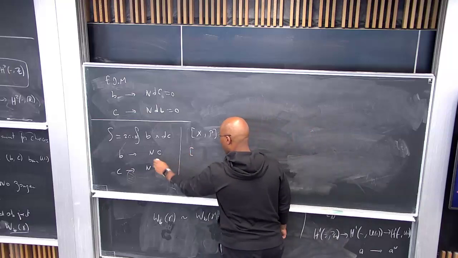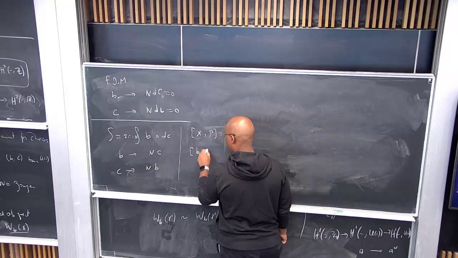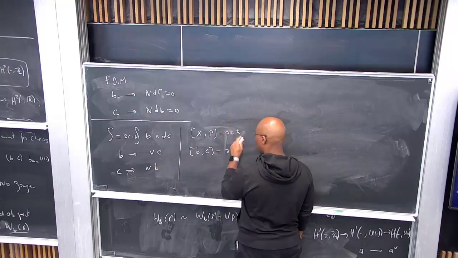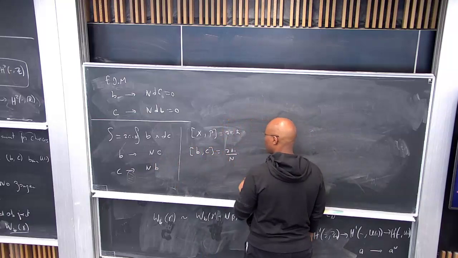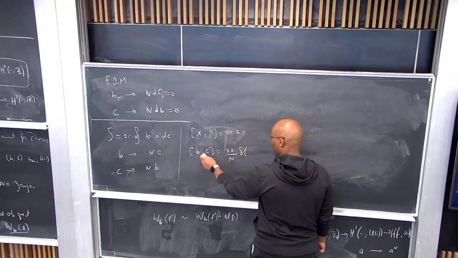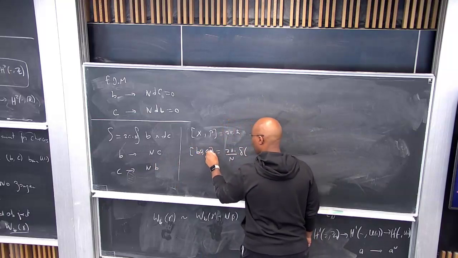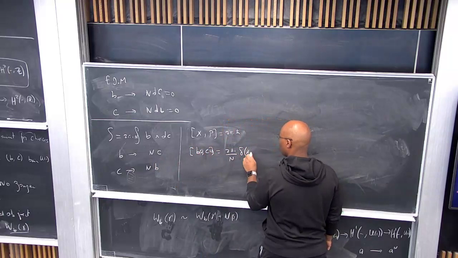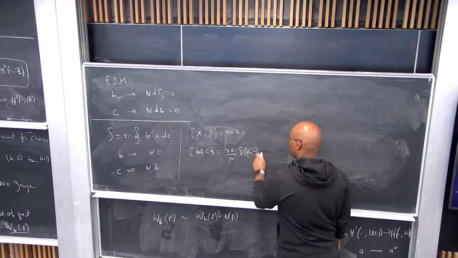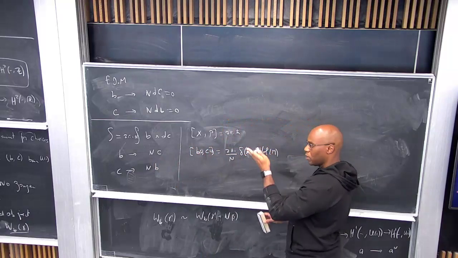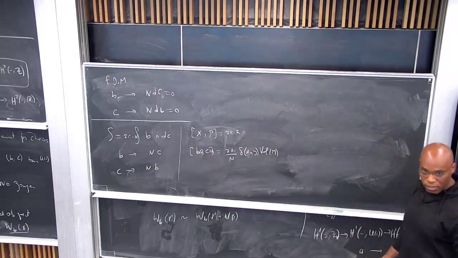So if I look at the quantization here, I have the commutator of B and C equal to 2 pi i, so we set h bar to 1 over n. Then there's a delta function in x minus y, times a volume of some four-dimensional space where they live.